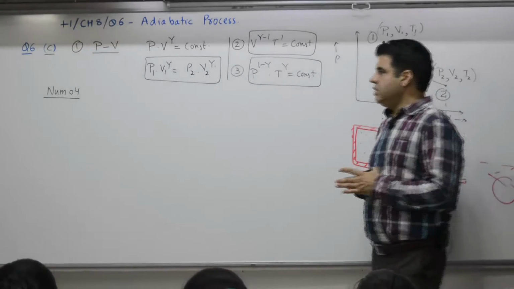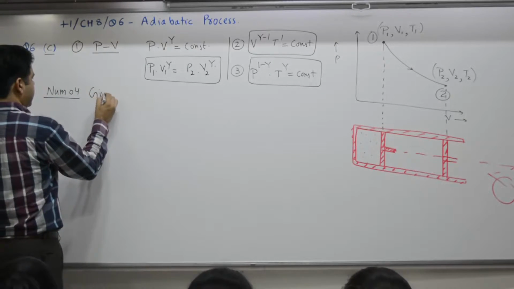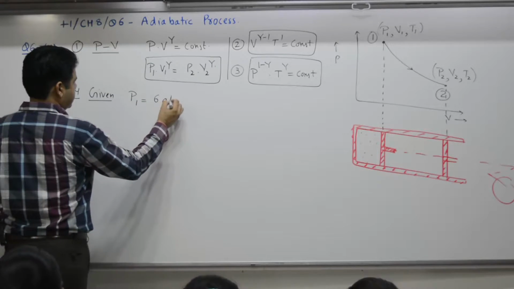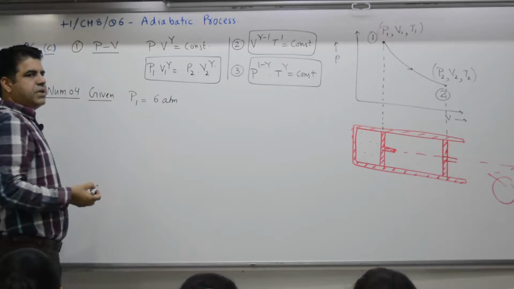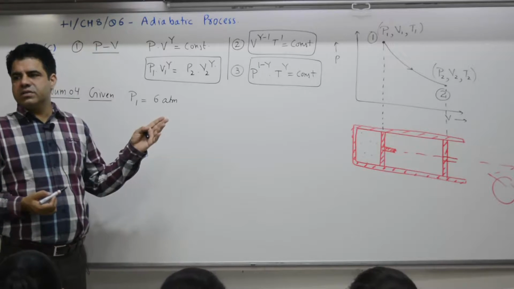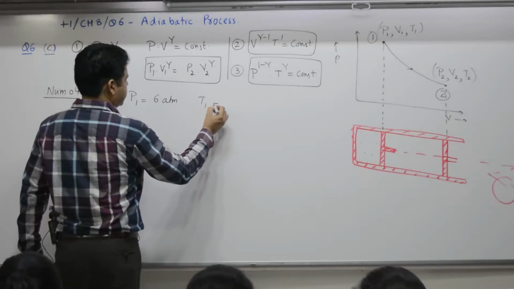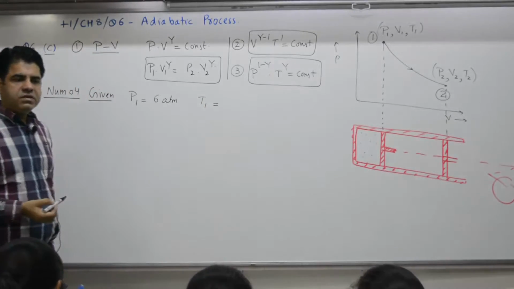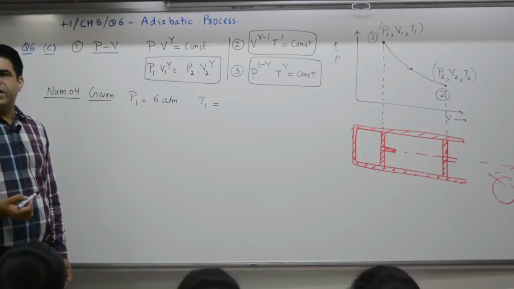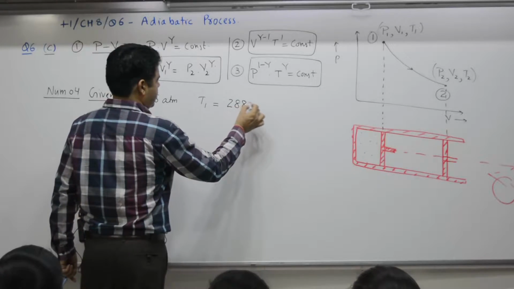What is the initial pressure P1 given? Initial pressure P1 is 6 atmosphere. 1 atmospheric pressure is 1.01 into 10 power 5, but we need not write it because we may work with the ratios. Initial temperature, how much? 15 degrees C. 15 degrees C means what? 15 plus 273, in Kelvin, 288 Kelvin.